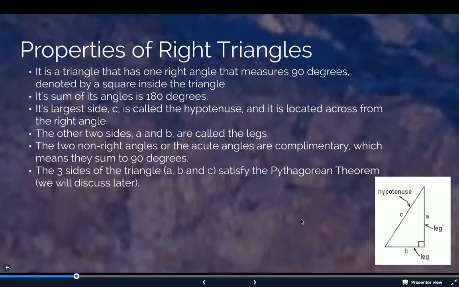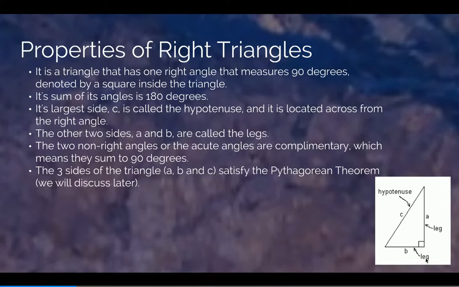Alright, so properties of right triangles. It is a triangle that has one right angle that measures 90 degrees, denoted by a square inside the triangle, right here. The sum of its angles is 180 degrees. Its largest side is called the hypotenuse, and it is located across from the right angle. The other two sides, A and B, are called the legs.